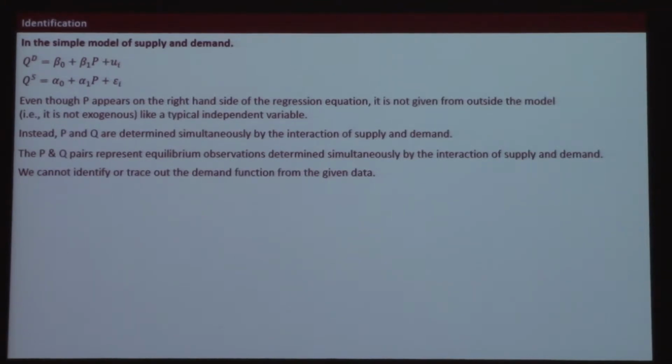So price doesn't operate independently, it's not exogenous. It's determined within the model by the interaction of supply and demand. So when supply shifts, it's going to affect both price and quantity. So it's not just a one-way causality. And that's what we're saying here. Price is not exogenous like sun, it's endogenous.